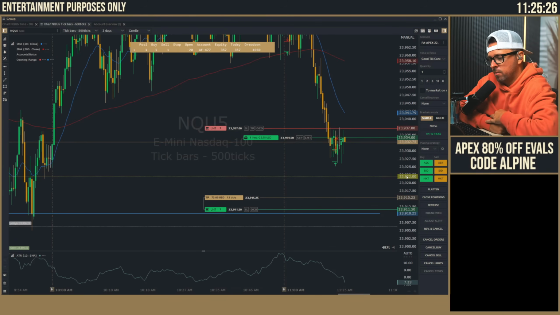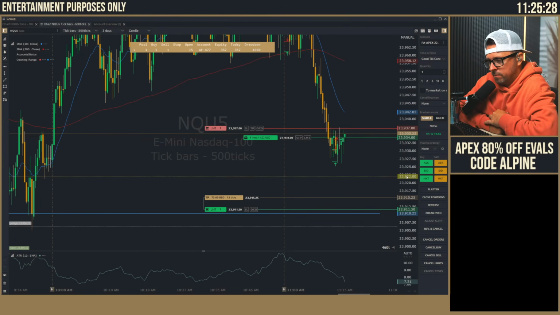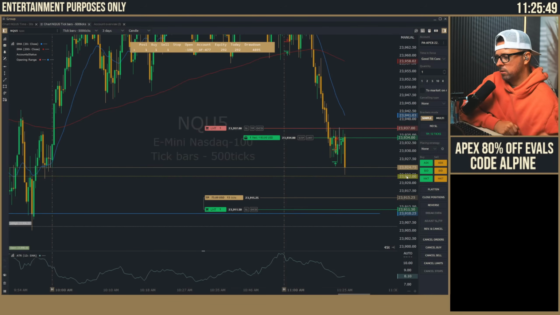Hard to tell if this is the bottom yet or not. Could just be trapping longs. Yeah, traps longs.